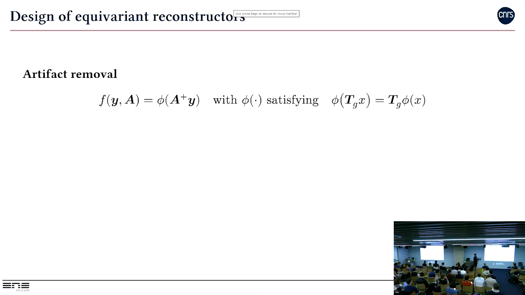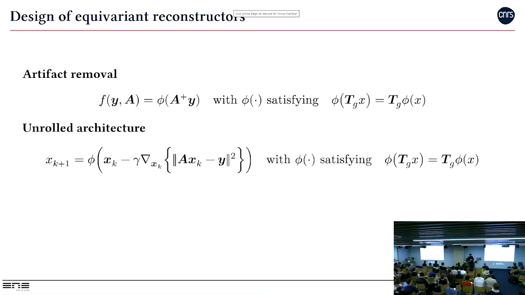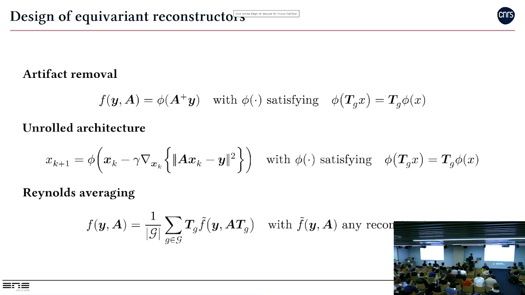As long as the U-Net or whatever network is equivariant, we will have an equivariant reconstructor. If we like unrolling, we can do the same: as long as the denoiser step in my unrolling algorithm is equivariant, the reconstructor will be equivariant.